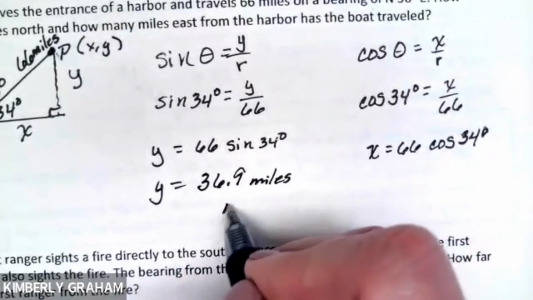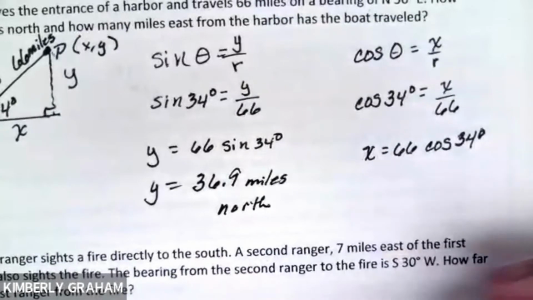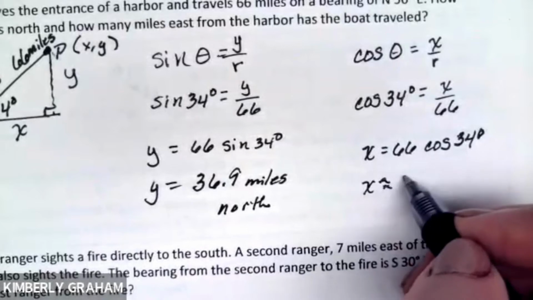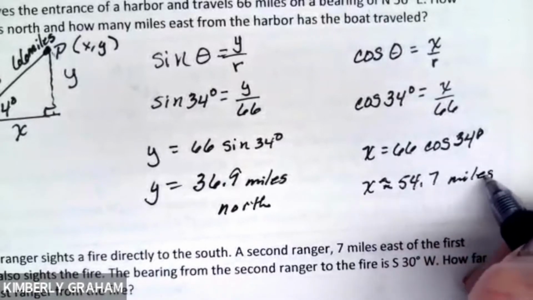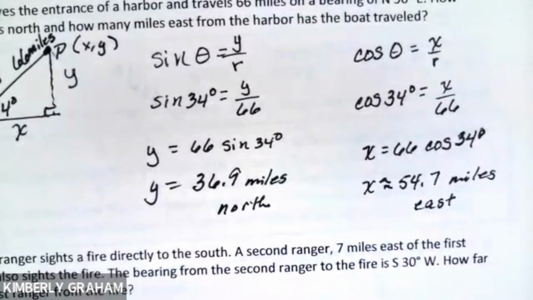And this is how far north you've gone from the harbor. And you put this into the calculator and you get approximately 54.7 miles. And that is how far east you are from the harbor. Question with that?